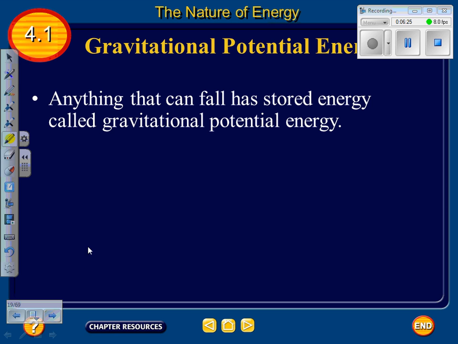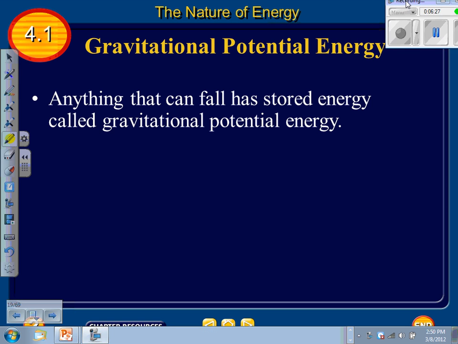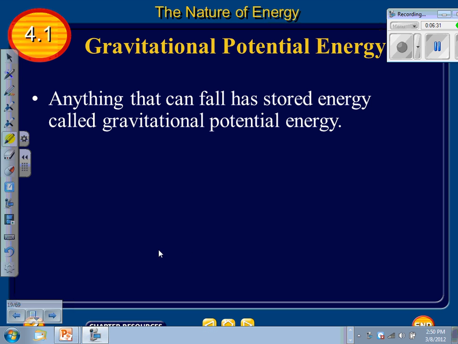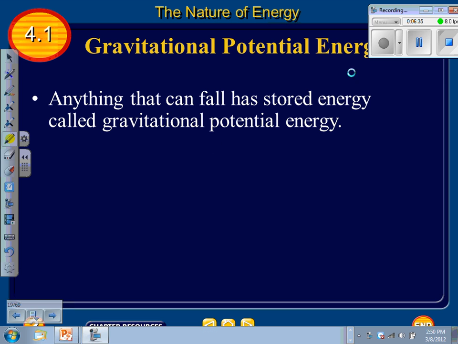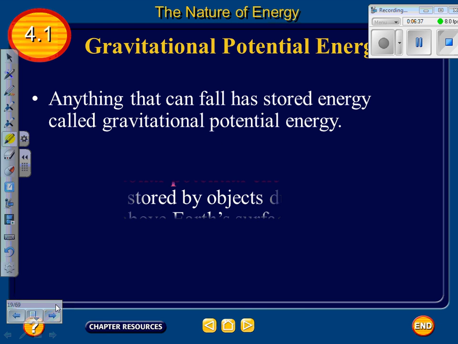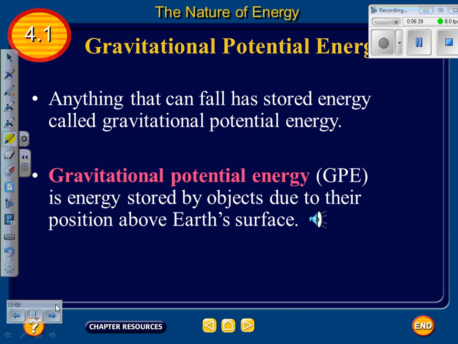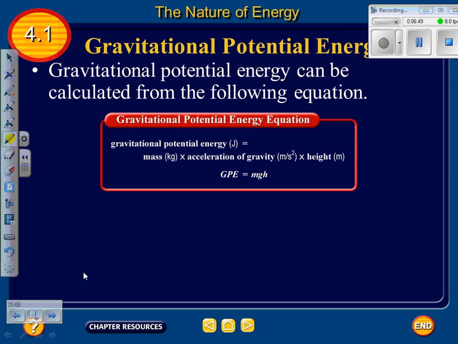Gravitational potential energy. Anything that can fall has stored energy called gravitational potential energy. Gravitational potential energy is energy stored by objects due to their position above Earth's surface. Gravitational potential energy can be calculated from the following equation.